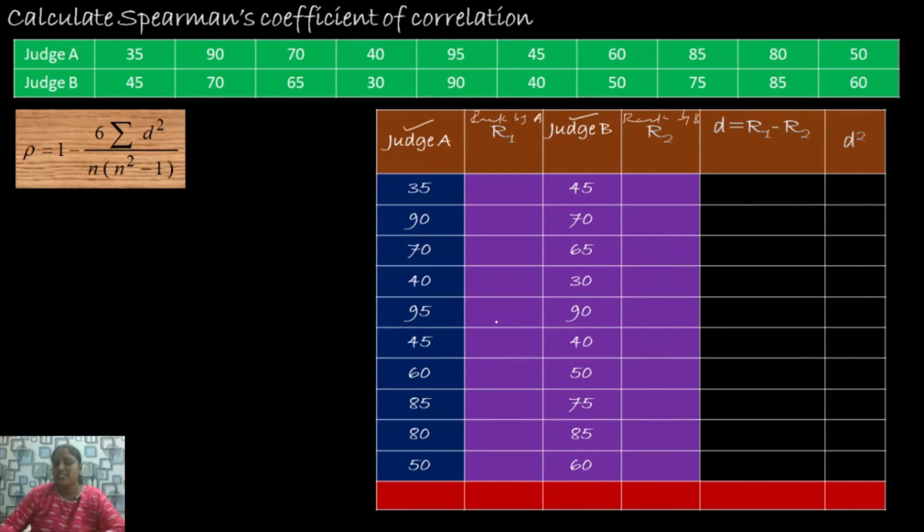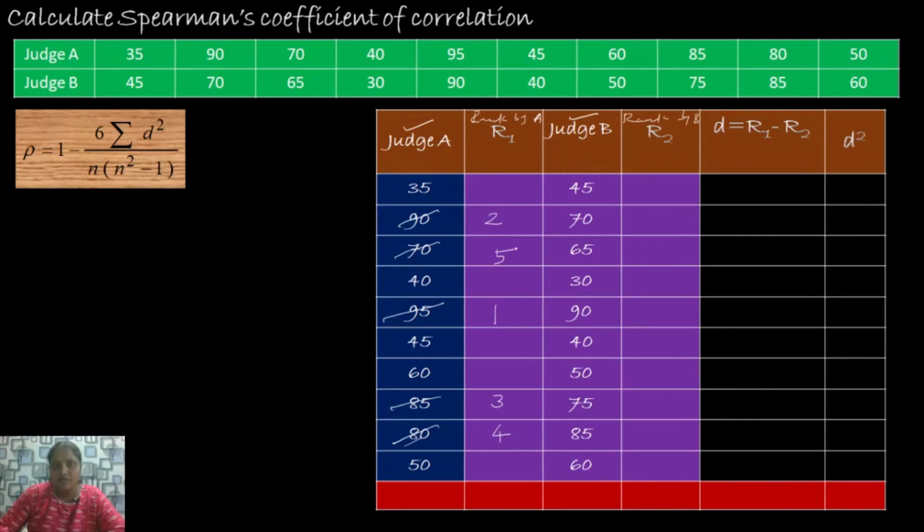Let me start with the highest value here. Look at all the values given by Judge A. Here 95 is the highest value, so I am going to assign rank 1 for the value 95, and next to highest value is 90. So I am going to assign number 2, and third one 85 is the highest value. So I give 3, and next one 80, assigning rank 4 for this, and then next one 70.